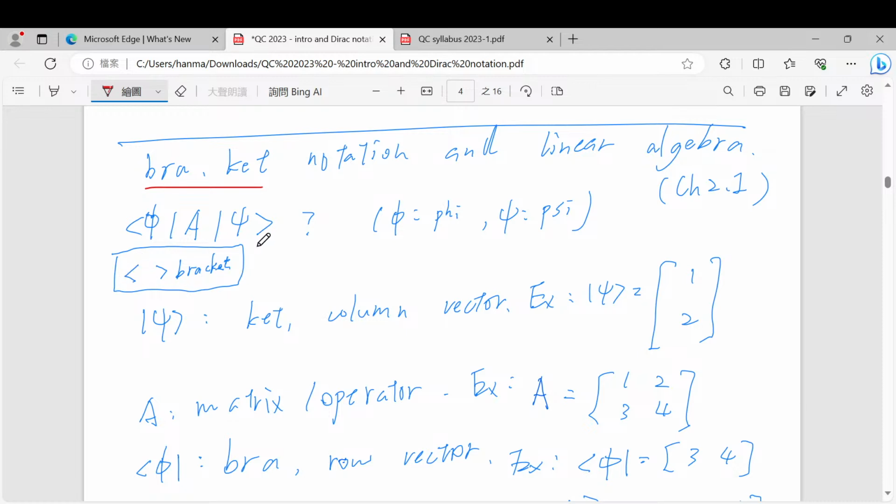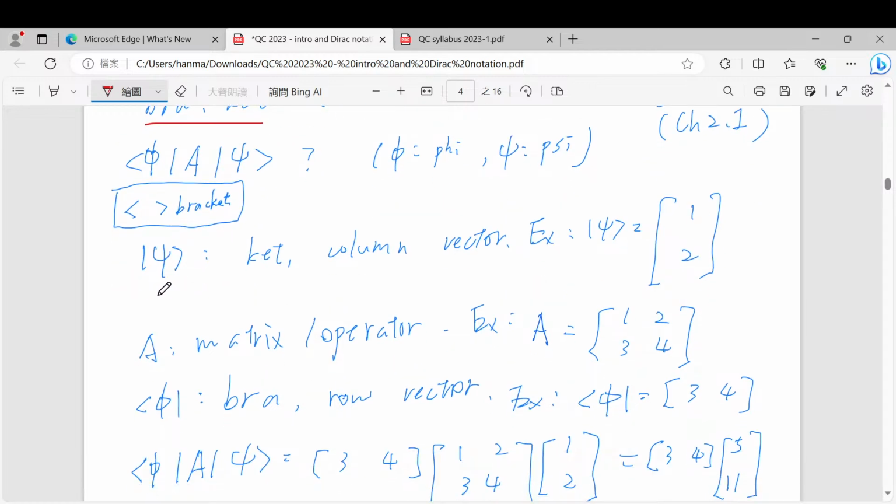So we will see an expression like this: bra phi, some A, and ket psi. They're Greek letters: this is called phi, and this is called psi. They look very similar and are pronounced very similar, but it's a little different. Anyway, this expression is actually just multiplying a row vector with a matrix with a column vector.